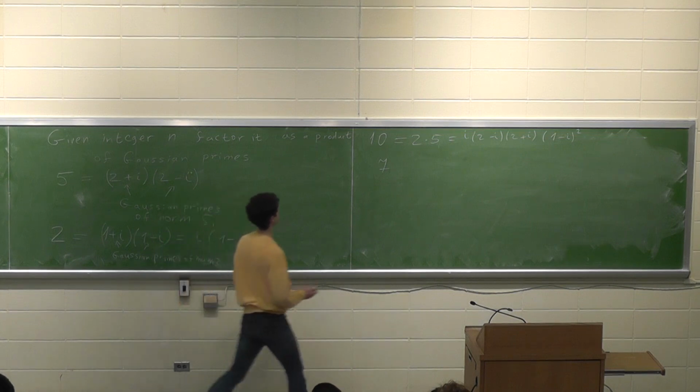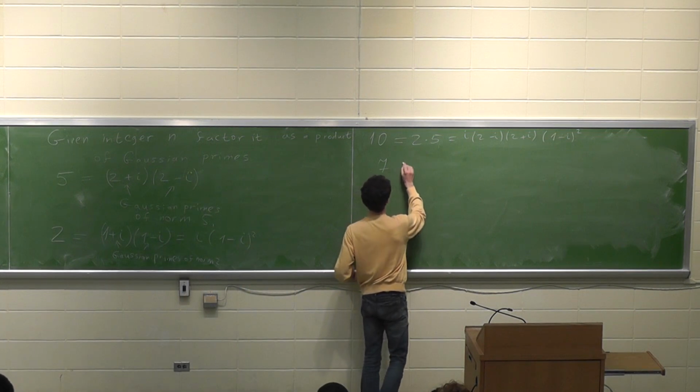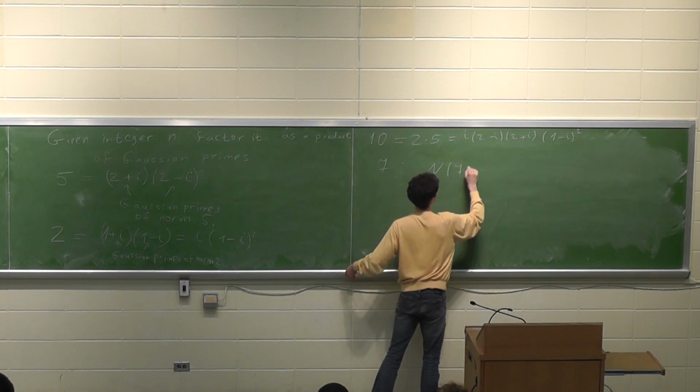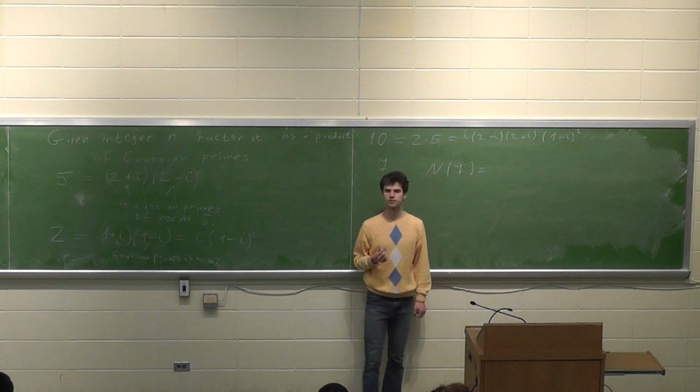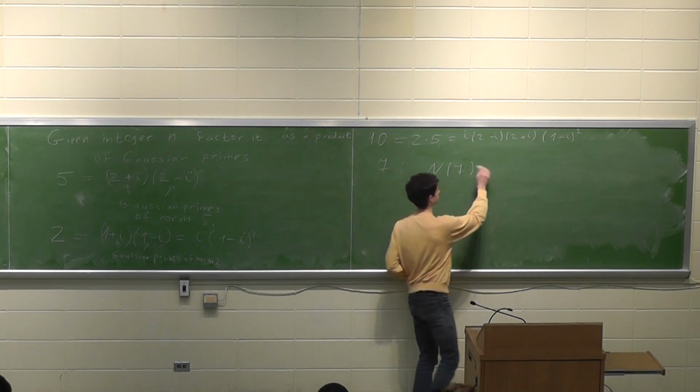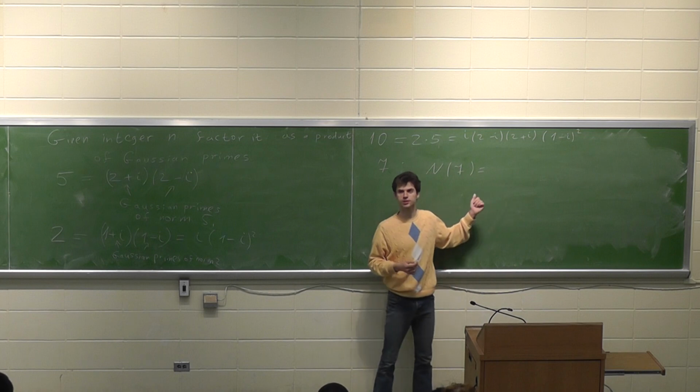Well, let's think about it. What is the norm of 7? It is 49, yes: 7 squared plus 0 squared is 49.